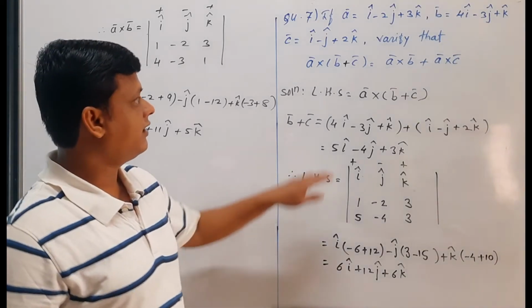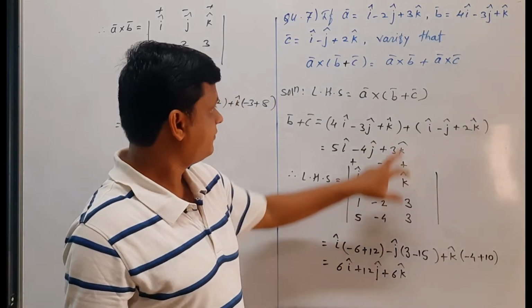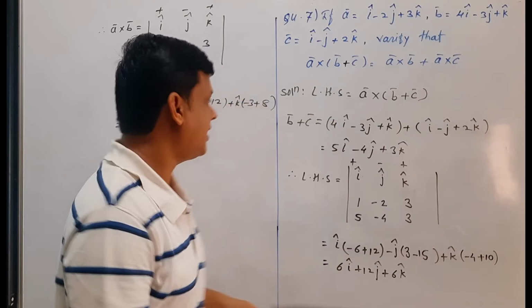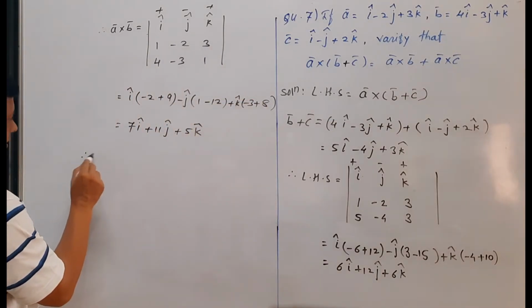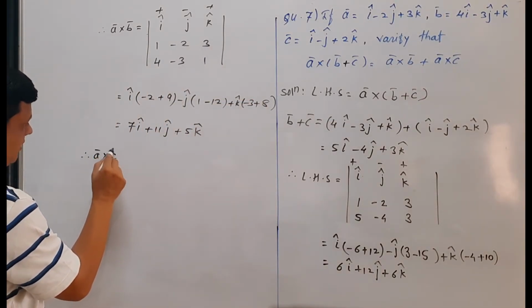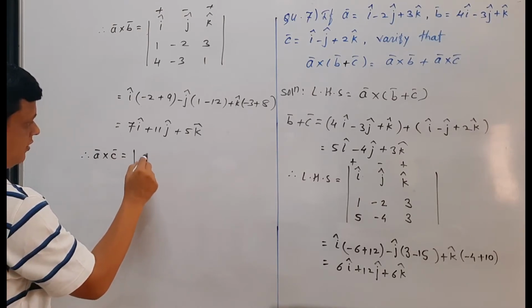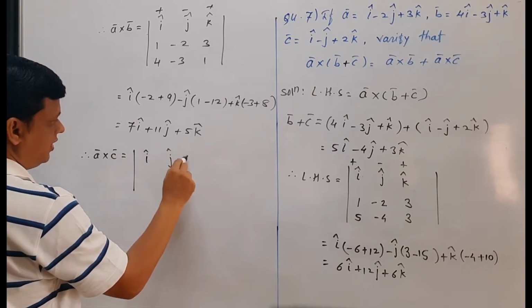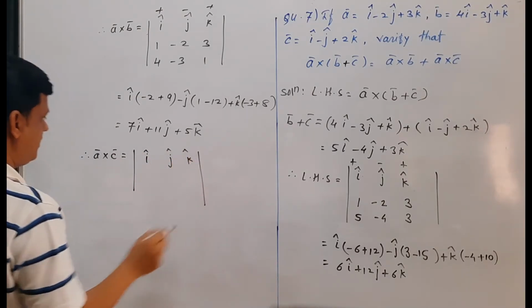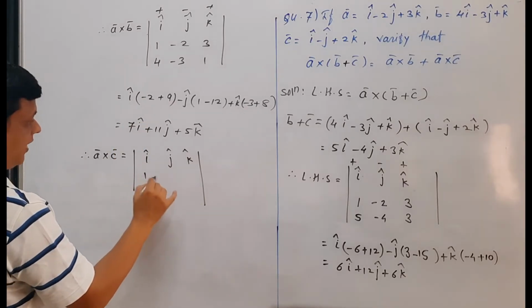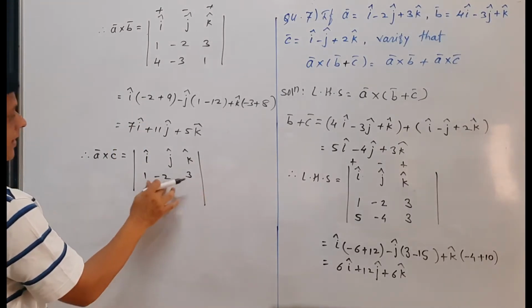Then we have to find the value of a bar cross c bar. Therefore a bar cross c bar equals, again we use the determinant: i, j, k, then minus 2, 1, minus 2, 3.